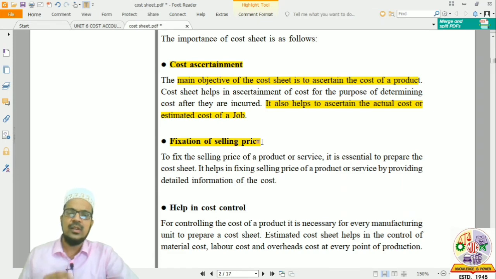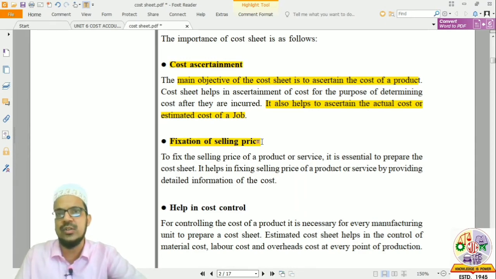For example, suppose the cost of production of a particular product comes to 80 rupees and you wish to earn a profit of at least 15 to 20 rupees on each product, then you will keep the selling price of the product at 100 rupees.